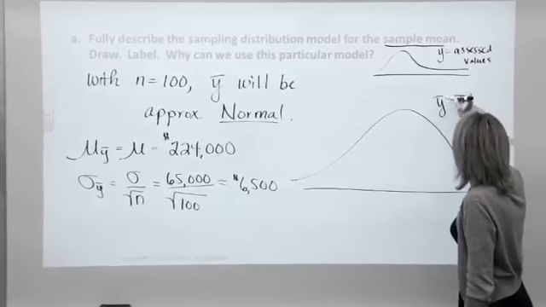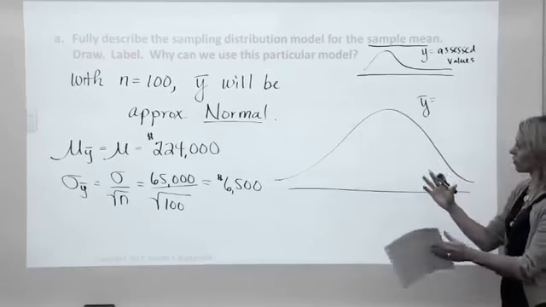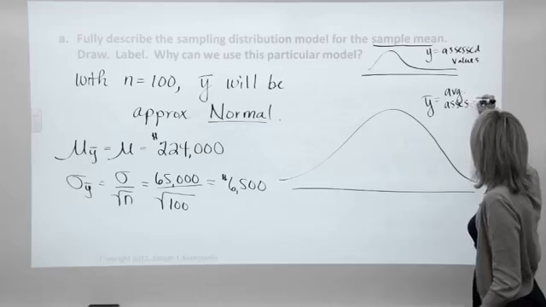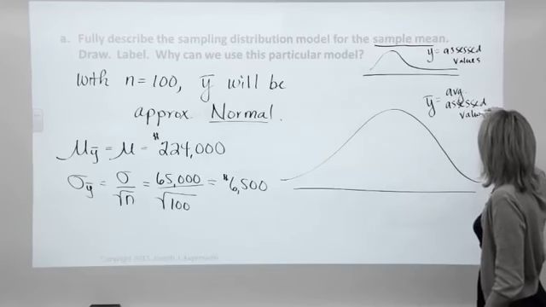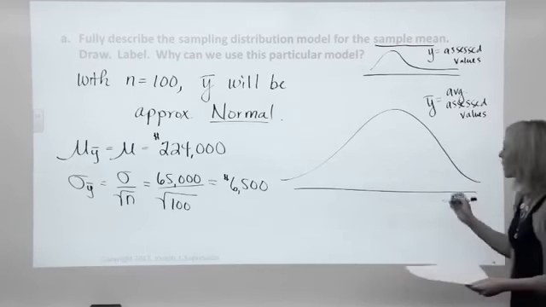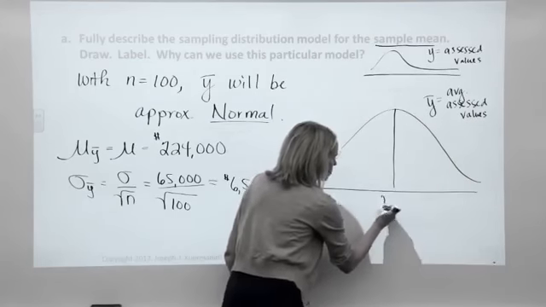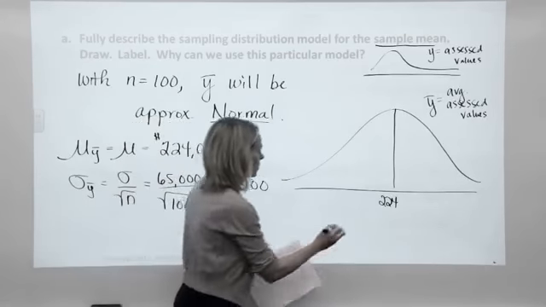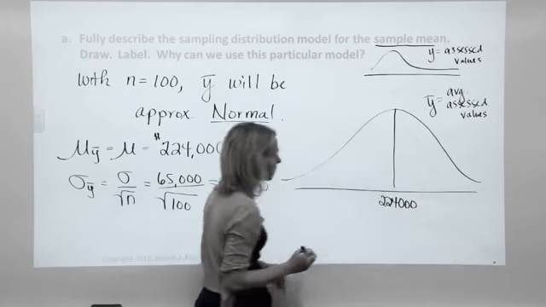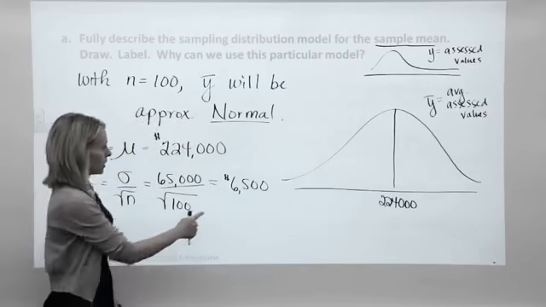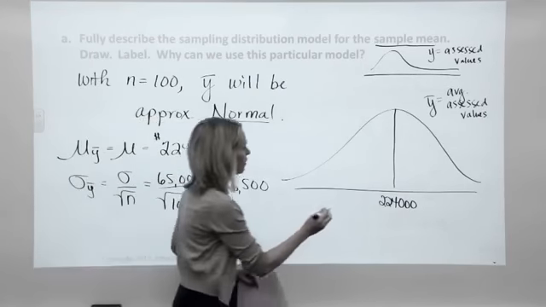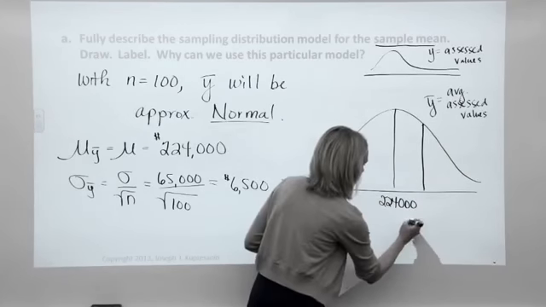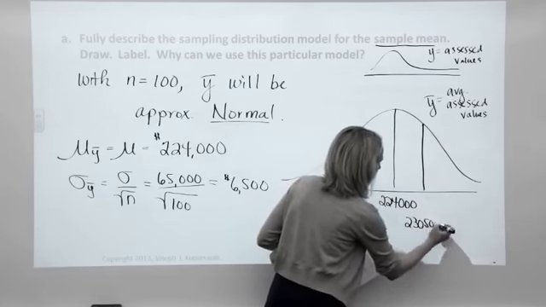So this time, these are average assessed values for groups of 100 homes. We'll still be centered at 224,000. So put a K there. And now if I go up one standard deviation, I'm going to go up $6,500. Just for room's sake, I'm going to write it down here. I'll be at 230,500.